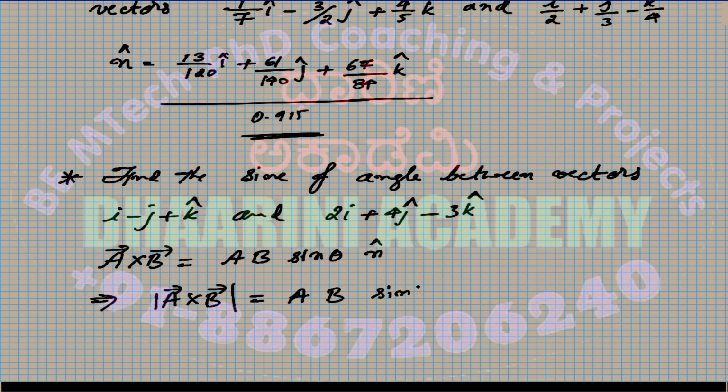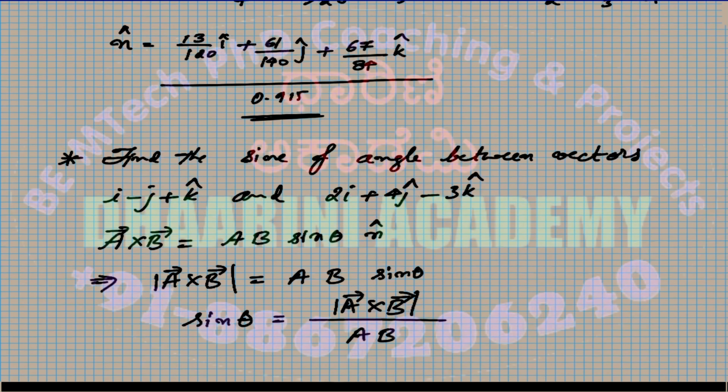Now the question is just to find sine theta. So what is our formula? Keep sine theta on one side, and move the magnitude of A and magnitude of B to the other side. When you do that, sine theta equals the magnitude of vector A cross vector B divided by the magnitude of A into the magnitude of B.